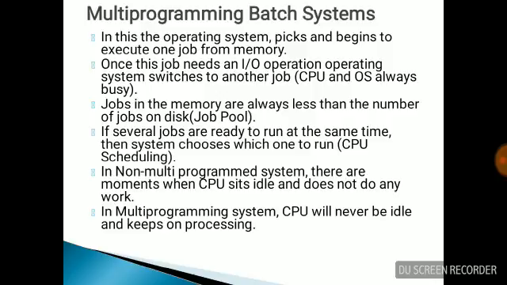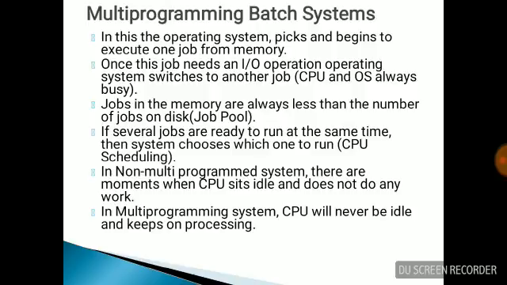Here the assumption is that the processor can execute more than one task in a given interval of time. So the operating system enhances the performance of the processor compared to the previous system. Here we can execute more than one task in an interleaving fashion by using CPU scheduling algorithms.